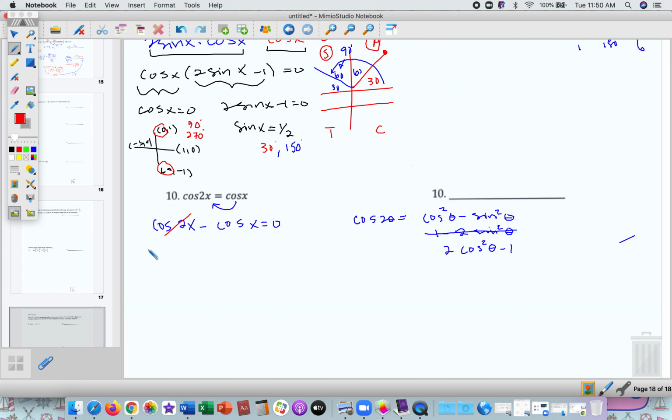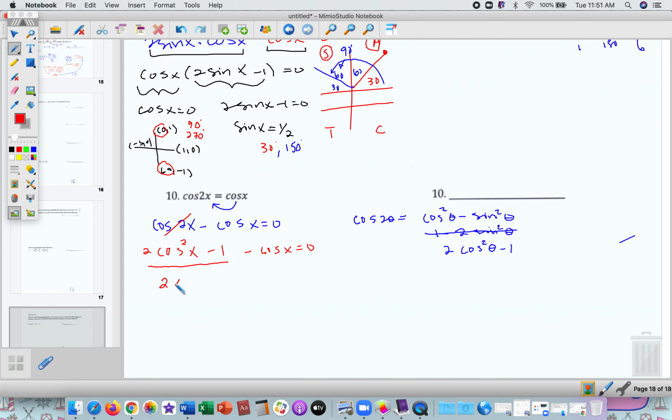So I'll replace this with 2 cos squared, and instead of writing theta, you write x, minus 1, minus cos x equals 0. So again, I replace cos 2x with 2 cos squared x minus 1, and then I had that minus cos x equals 0.